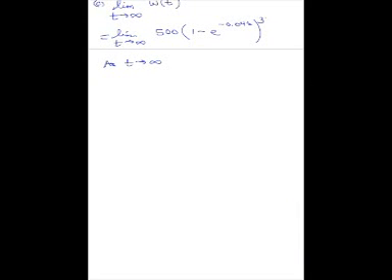You would multiply it by negative 0.04. So as t goes to infinity, negative 0.04t goes to where? It's going to go to negative infinity.